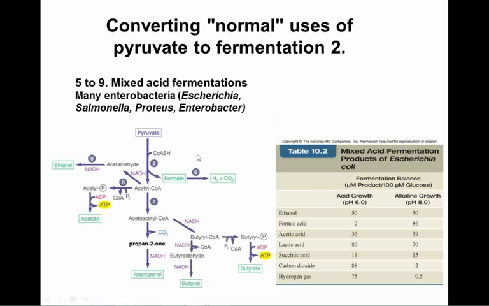So one thing E. coli does is that once the pH goes down, it will start producing an enzyme that breaks up formic acid to hydrogen and carbon dioxide. So at alkaline pH, mixed acid fermentation will produce a lot of formic acid. But at acidic pH, bacteria will start to produce carbon dioxide and hydrogen gas, just to prevent the pH from getting any lower, because that would inhibit bacterial growth.